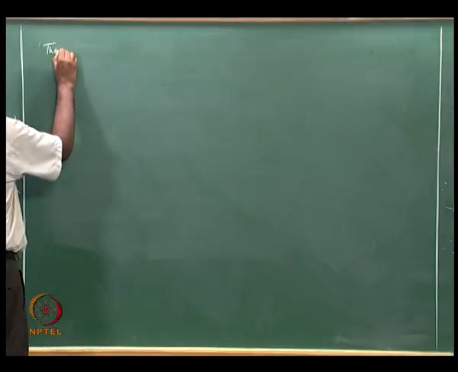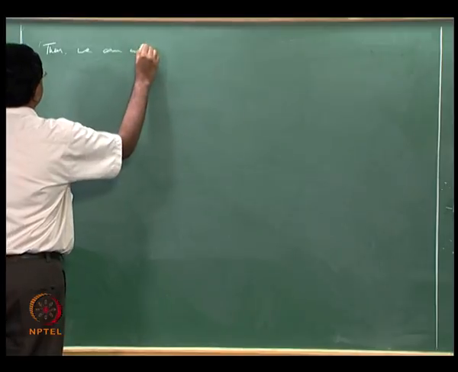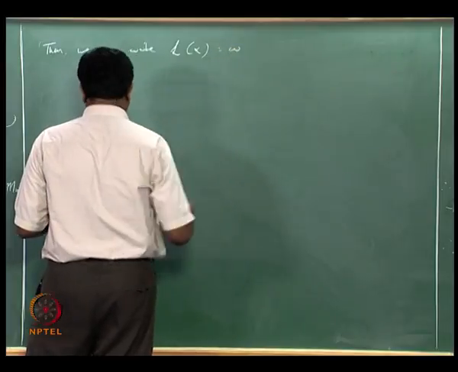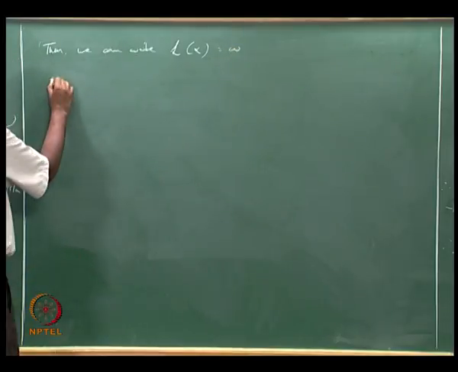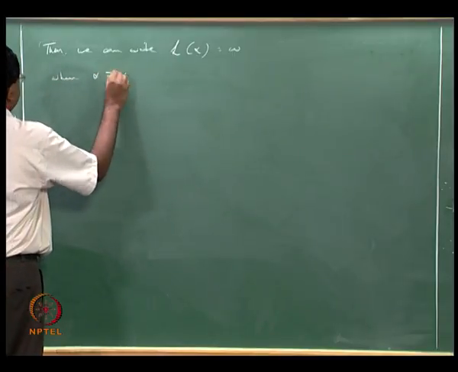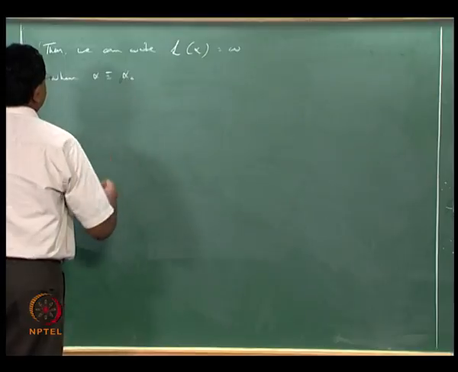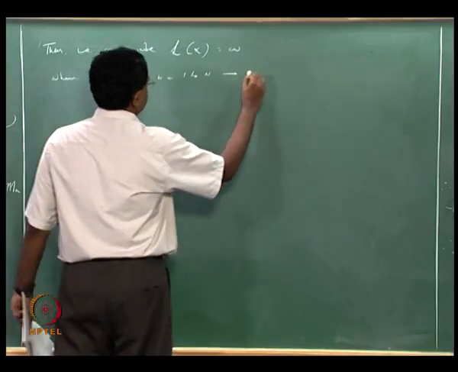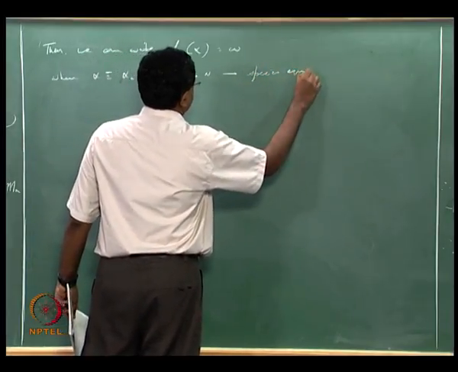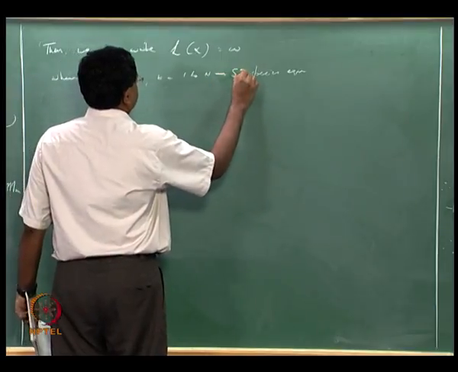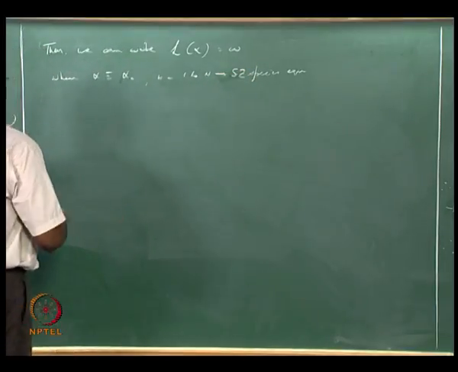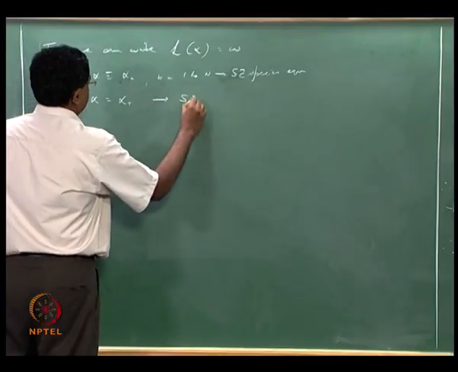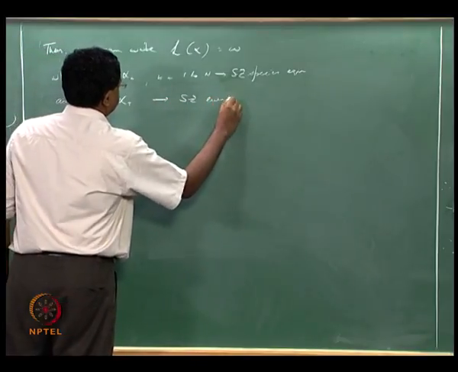Then we can write L of alpha equal to omega, where alpha equal to alpha k, k equals 1 to n gives the SZ species equation, and alpha equals alpha t gives the SZ energy equation.